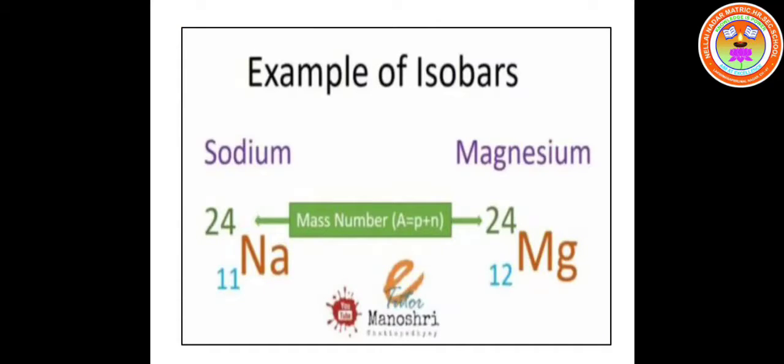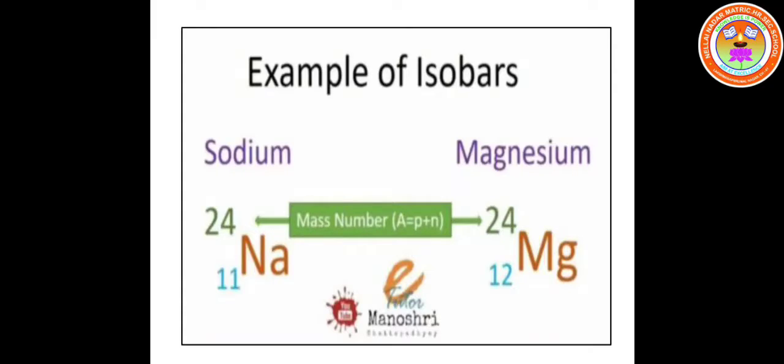Here is another set of examples for isobars. Sodium 24 and magnesium 24. Sodium has the atomic number 11, magnesium has the atomic number 12. So the atomic numbers of these two elements are different. But what about their mass number?